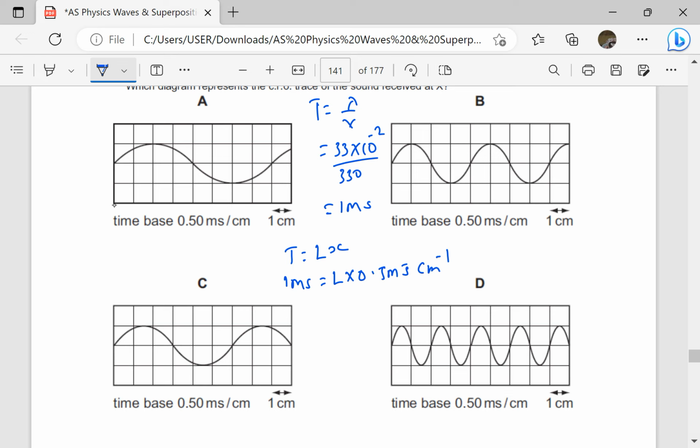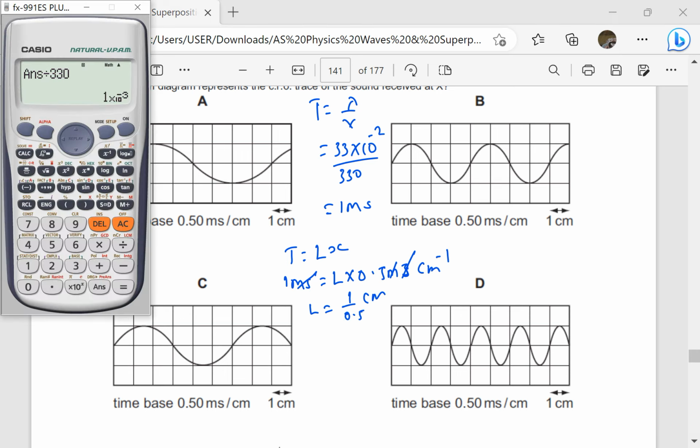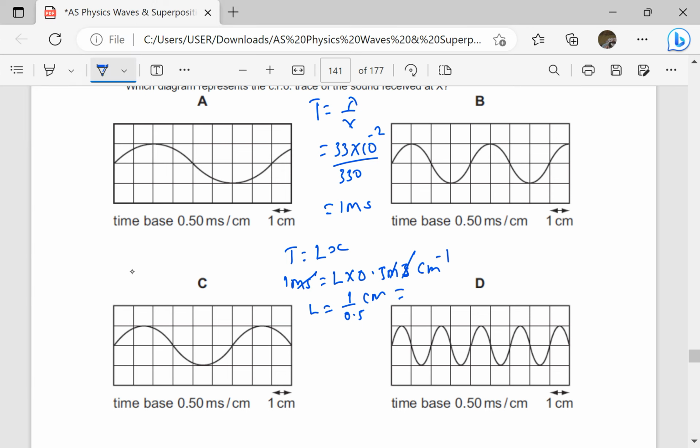The milliseconds cancel out, so L is equal to 1 divided by 0.5, in centimeters. That is 2. So L is 2 centimeters, the length representing one cycle should be 2 centimeters.